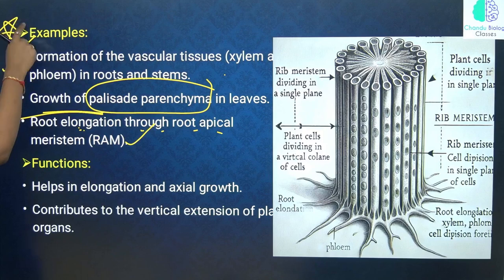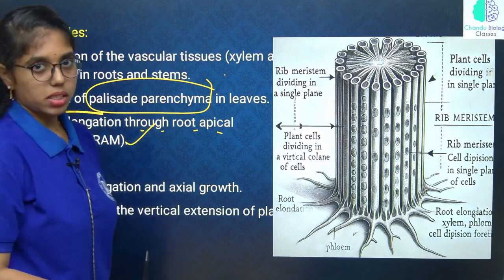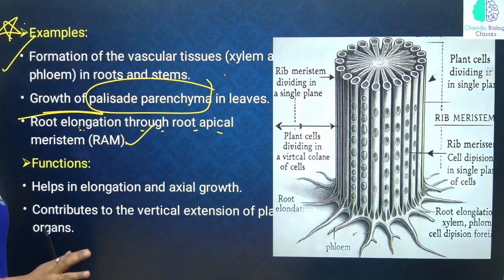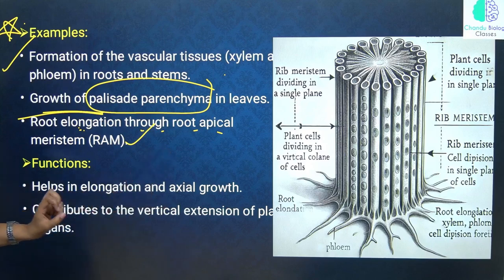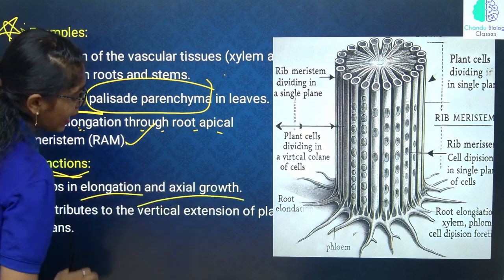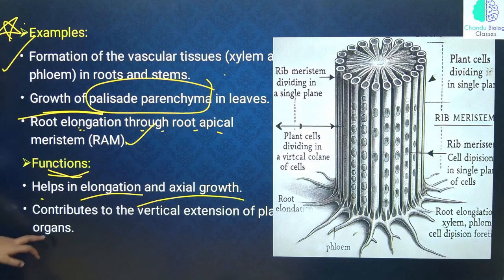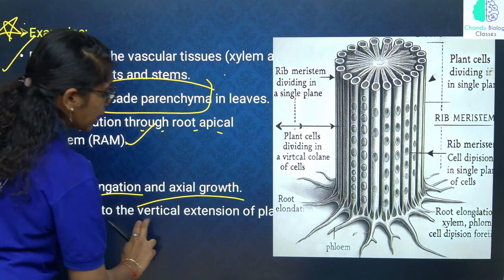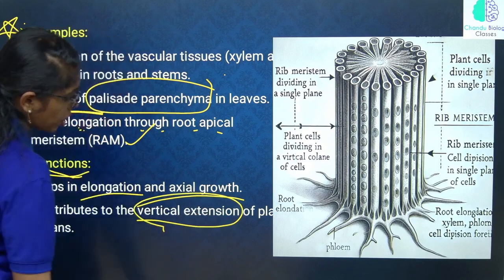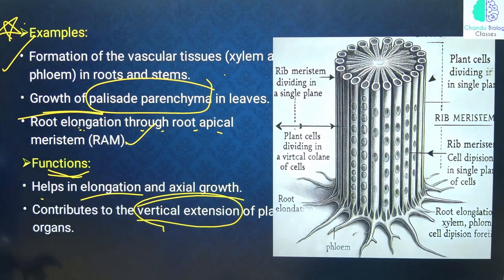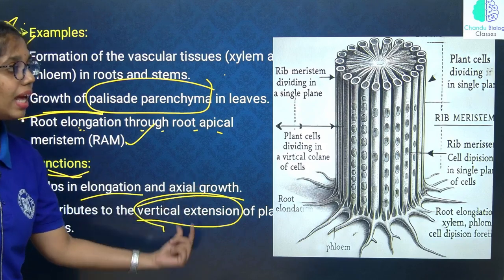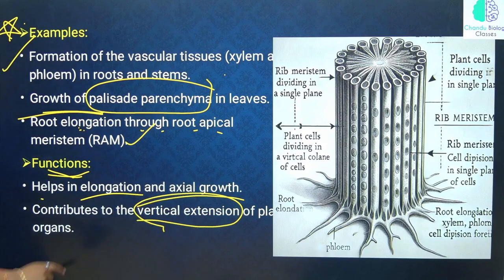All these are examples for rib meristems which are columnar meristems or file meristems, okay. Functions include they help in elongation and axial growth and they contribute to the vertical expansion or extension of the plant organs.